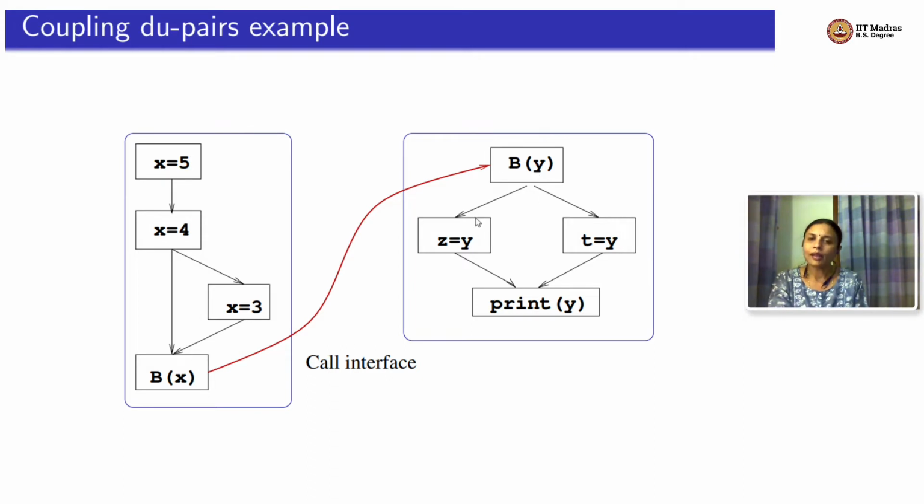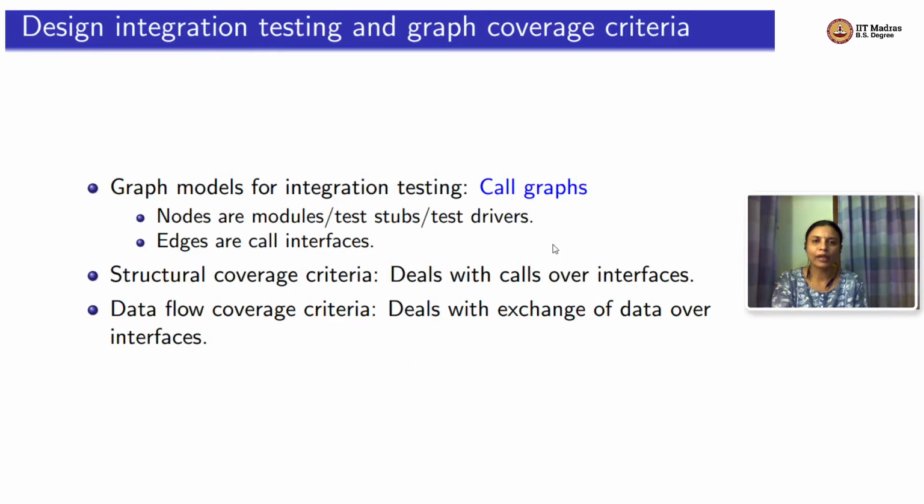In B, there is some code that runs, and maybe some return will happen. So this call interface is what we are going to focus on. This would be the edges of our graph, and this whole blue colored outer node would be the vertices or nodes of our graph. That's what I meant by a call graph here.